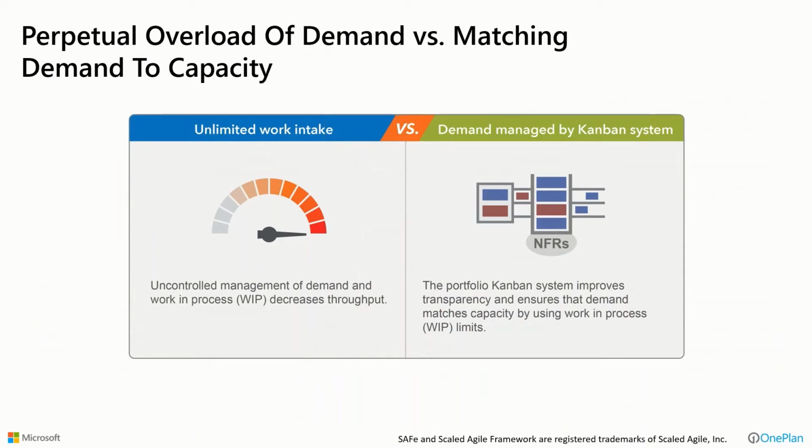Another key piece, as we talked about with resource capacity, is the potential overload of demand. With a more traditional waterfall approach to intake, we're constantly struggling with whether we really have the resources to make those things happen. Demand management in a more lean approach uses a more visual Kanban type of approach, where we deal with work-in-process limits and teams dedicated to specific value streams.